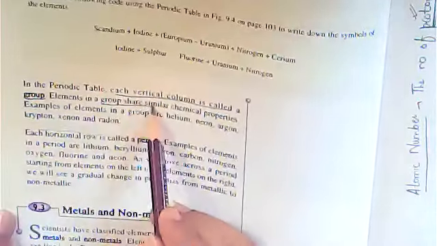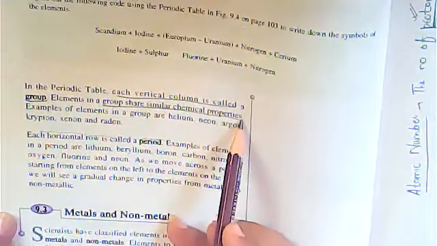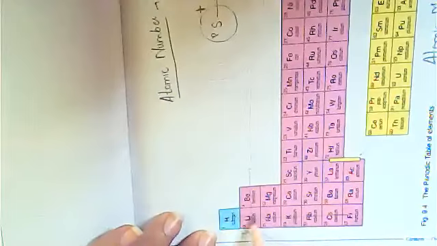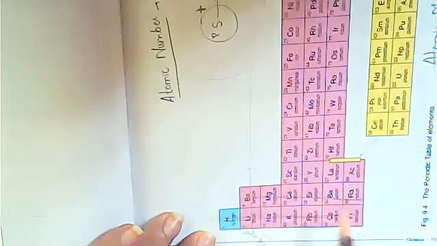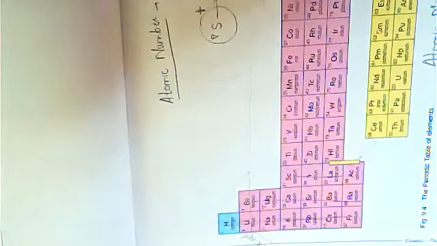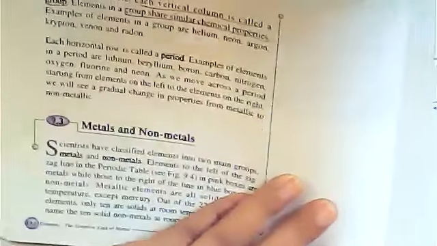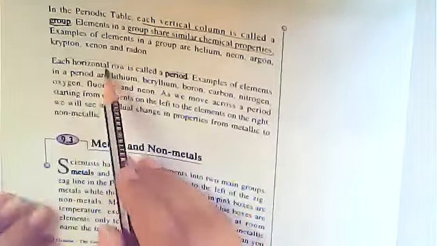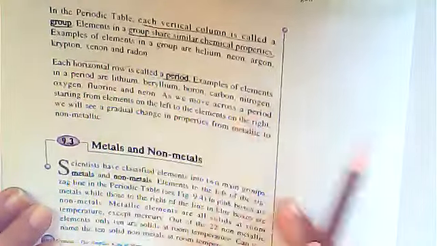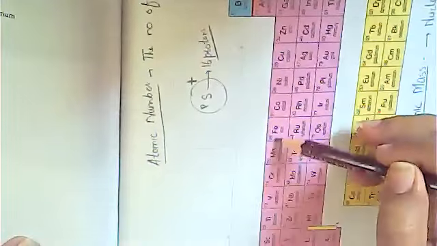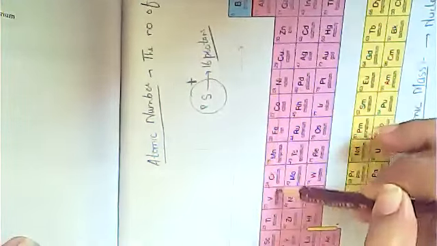Elements in a group share similar chemical properties. I told you that the elements present in a group have similar chemical properties. Similarly, each horizontal row is called a period. What is a horizontal row? This one, and this is called a period.